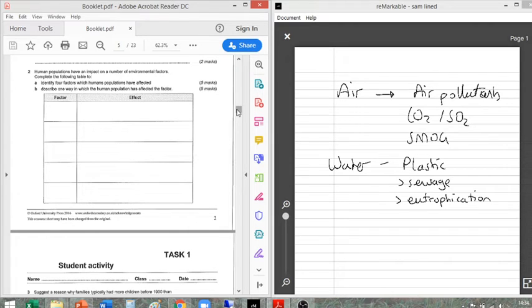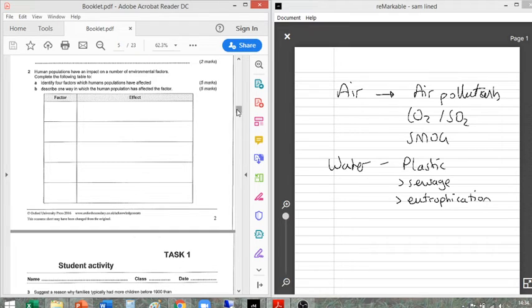Eutrophication is where a farmer's fertiliser, which contains things like nitrates and magnesium, things that help plants to grow, if some of that fertiliser gets into water, it will kill all the fish. Now, that might not make much sense, because fertiliser is minerals that help plants grow. Surely if plants are growing, that's only a benefit for fish, but actually the opposite. And we'll explain that next lesson.